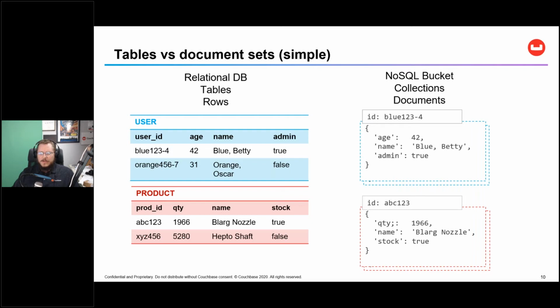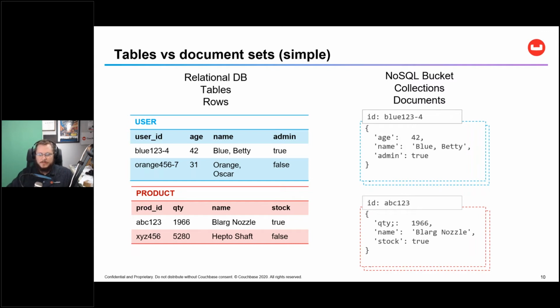So let's talk about comparing and contrasting the relational data model to a NoSQL model. On the left side here, we've got a traditional relational database layout. A relational database contains tables, and tables contain rows. Each row has to follow the spec, if you will, the schema of the table, and is, as I said, tightly coupled.